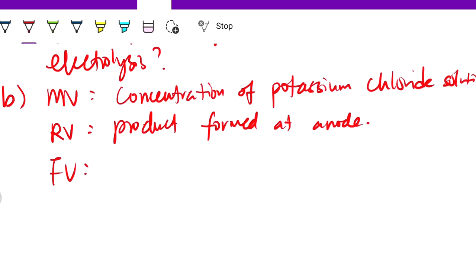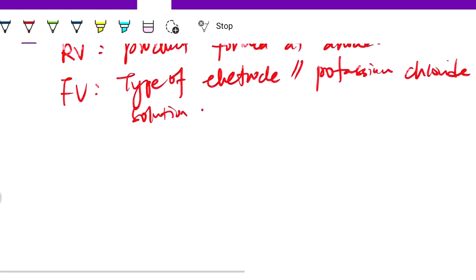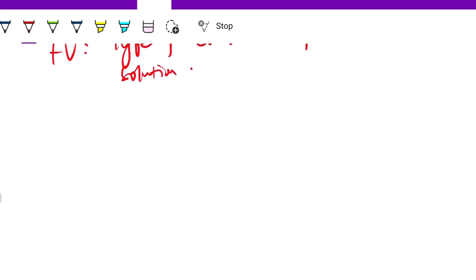Fixed variable: type of electrodes, or potassium chloride solution.